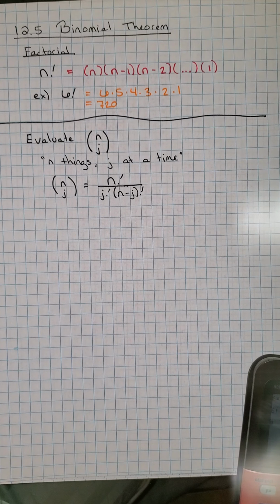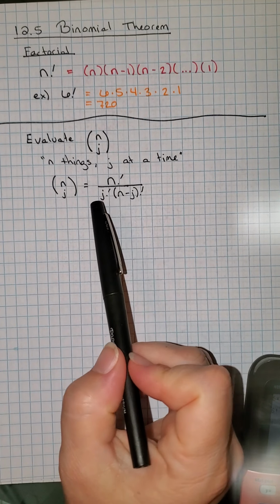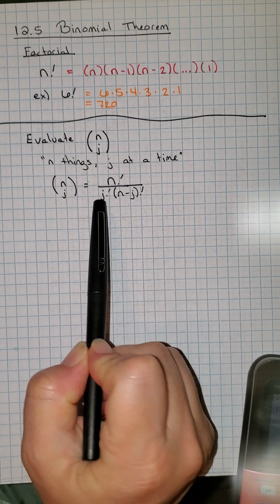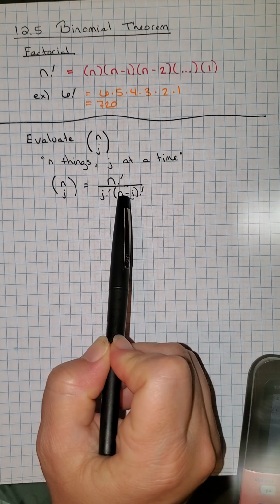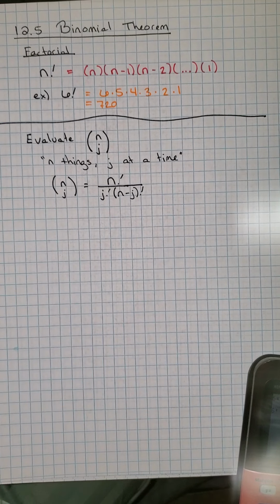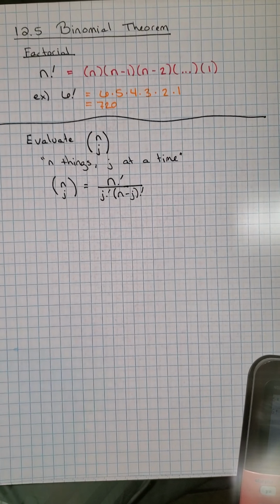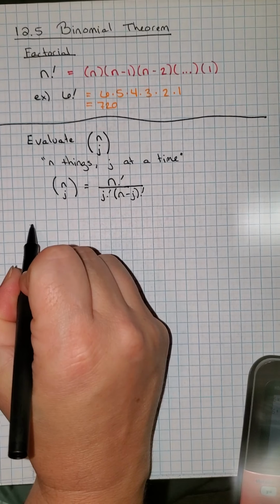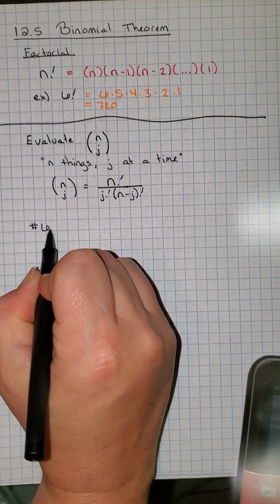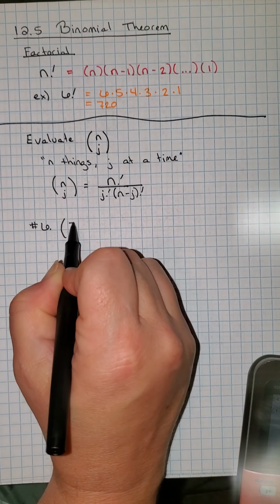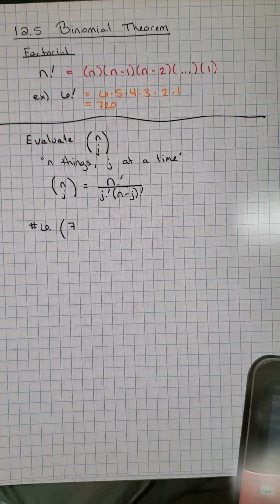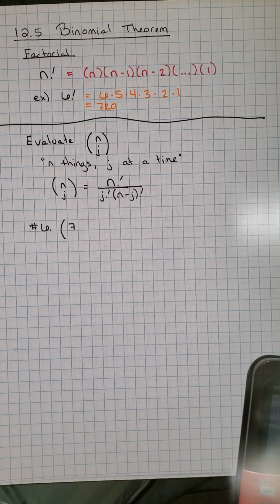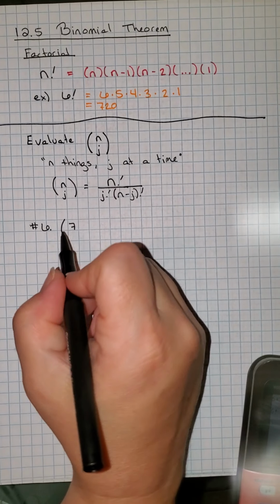The thing that works for me with this is that this number plus this number adds to this number. Let me show you what I'm talking about. Let me do number 6. All right, number 6, we have 7 things taken 3 at a time. There we go.